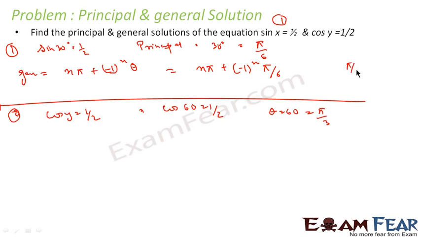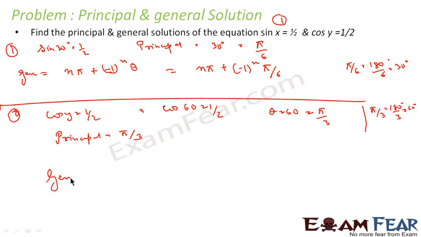Pi by 6 is equal to 180 by 6, which is 30 degrees, and here pi by 3 is equal to 180 degrees by 3, which is 60 degrees. So the principal solution is nothing but pi by 3. To get the general solution in case of cos theta, we know that the general solution is 2n pi plus minus theta. So replacing theta with pi by 3, we get 2n pi plus minus pi by 3.